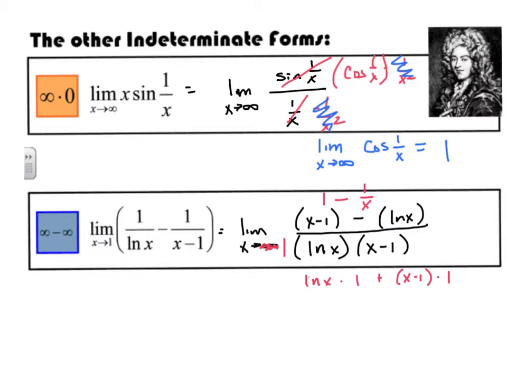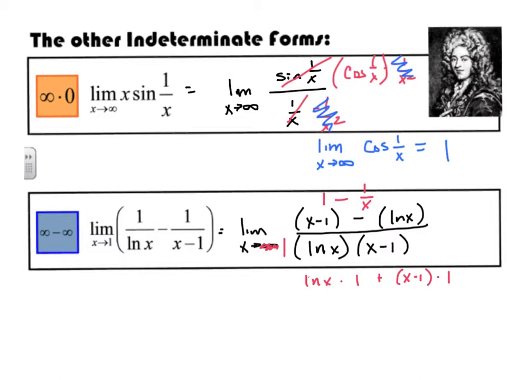Okay. Well, now if I plug in 1, I get 0 on top and I get 0 on the bottom. But that just means I can use L'Hopital's rule again. Okay, so let me kind of drop it down here if I can.